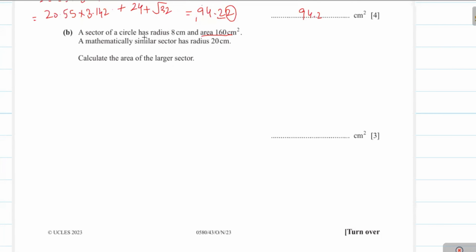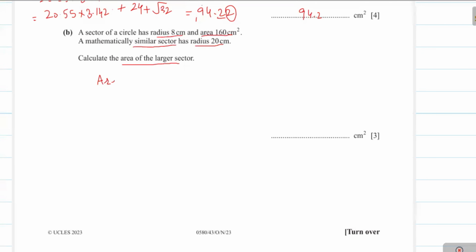Part B, a sector of a circle has radius 8 centimeter and area 160 centimeter square. A mathematically similar sector has radius 20 centimeter. Calculate the area of the larger sector. You know for two similar figures, the ratio of the areas will be equal to the square of the corresponding length ratio.